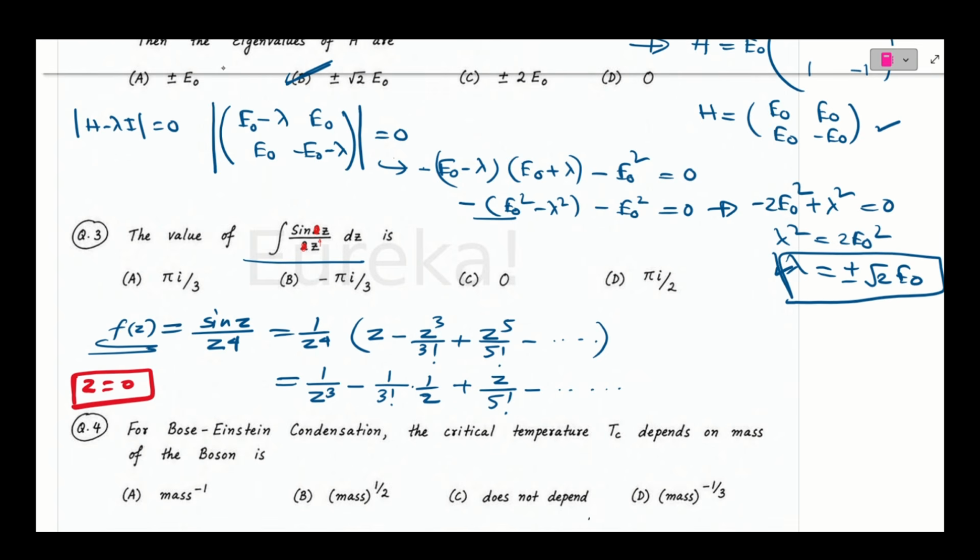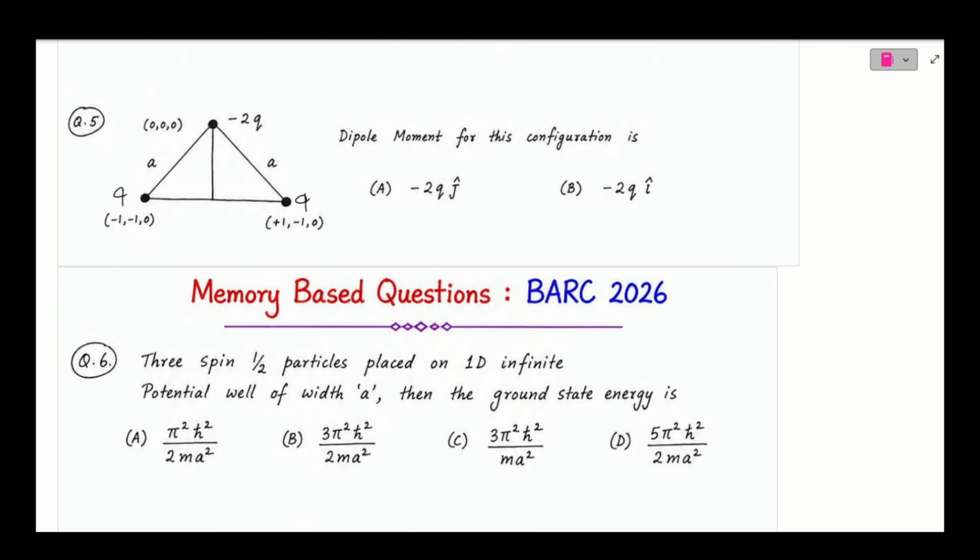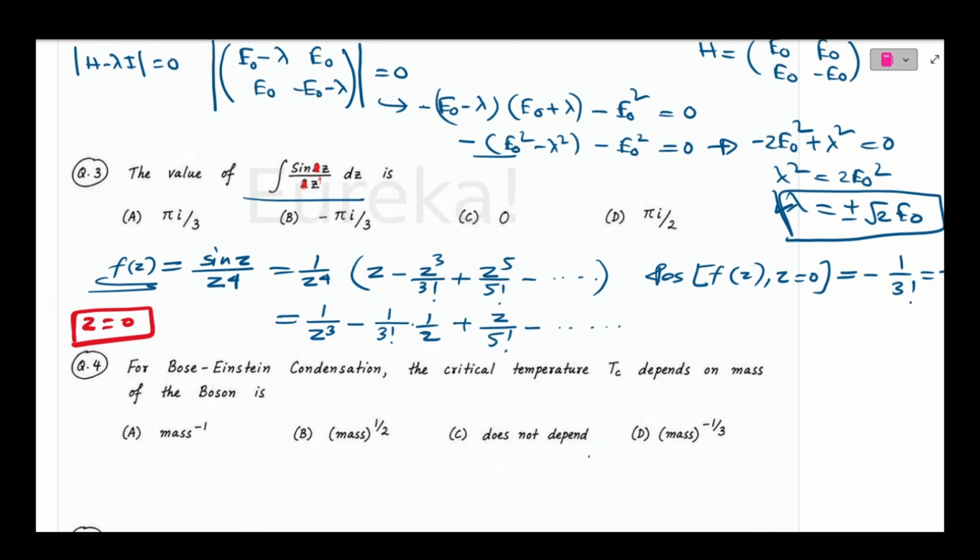So here the residue of f of z at z equals 0 is minus 1 divided by 3 factorial. That is minus 1 divided by 6, this is the residue.